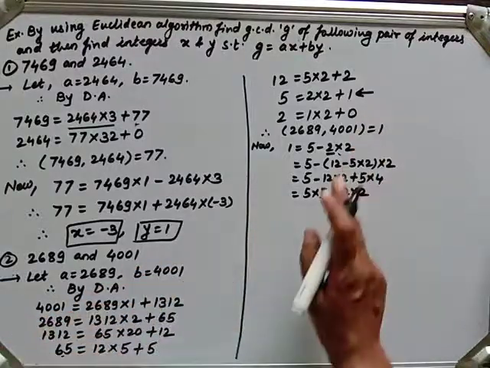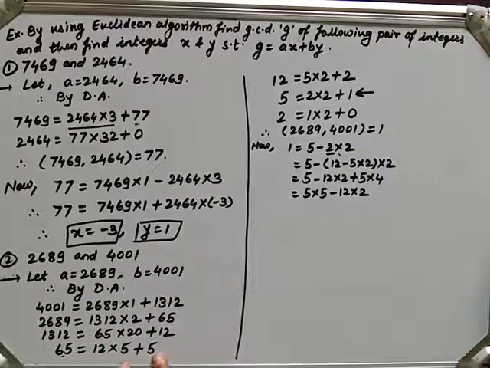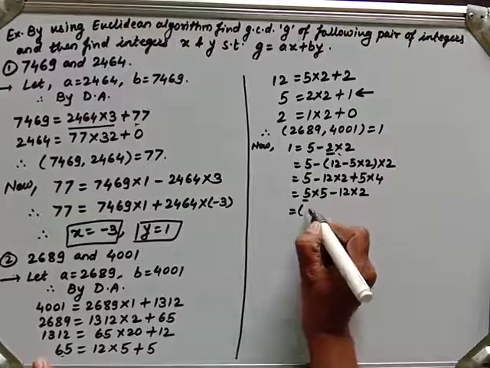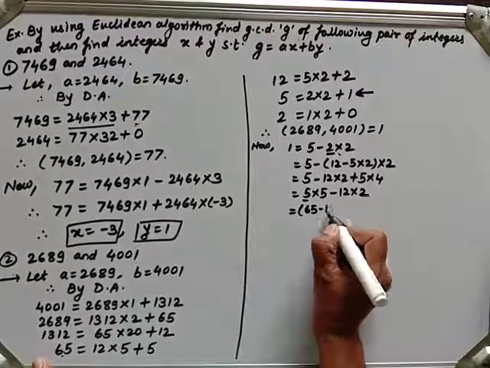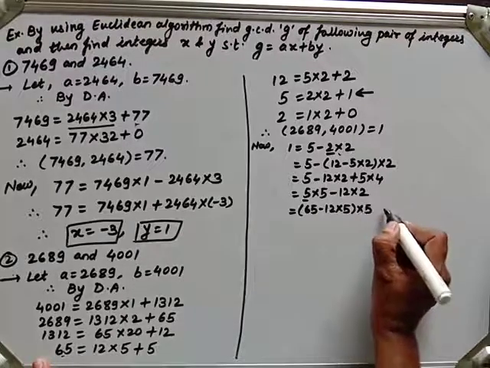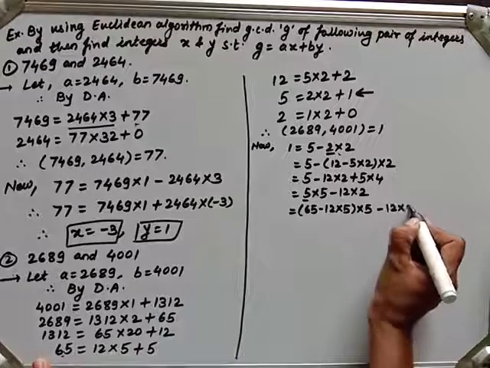Okay. Now from this equation we can put up the value of 5. What is 5? Equal to 65 minus 12 into 5. So let me substitute that one here. So it will be 65 minus 12 into 5 multiplied by 5 as it is, minus 12 into 2 as it is.